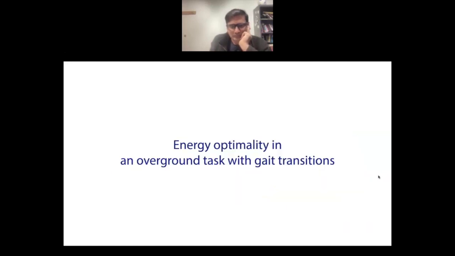Okay. So that was about tasks with turning. I did show one more graph, which has to do with turning in place, where you can make a special case of that task where you're just turning in place and asking people to turn at whatever speed they want to turn at. And the model also roughly captures the speed of turning in place, as long as the turn is large enough.